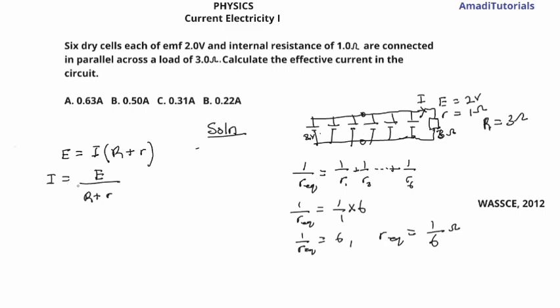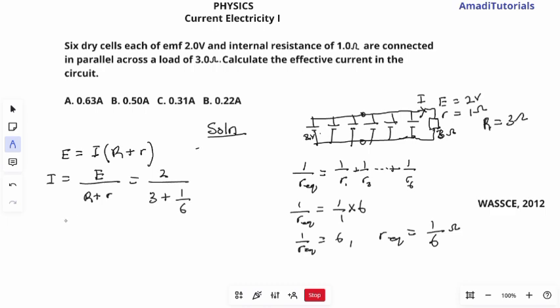So if we substitute our values here, that will be 2 divided by 3 plus 1 over 6. We do the mathematics involved. 6 times 3 is 18, 18 plus 1 is 19, divided by 6.